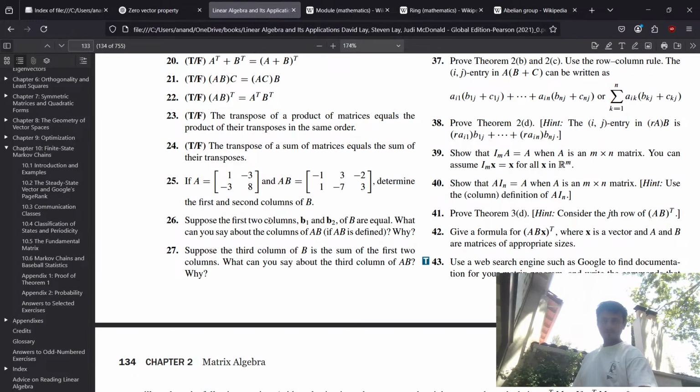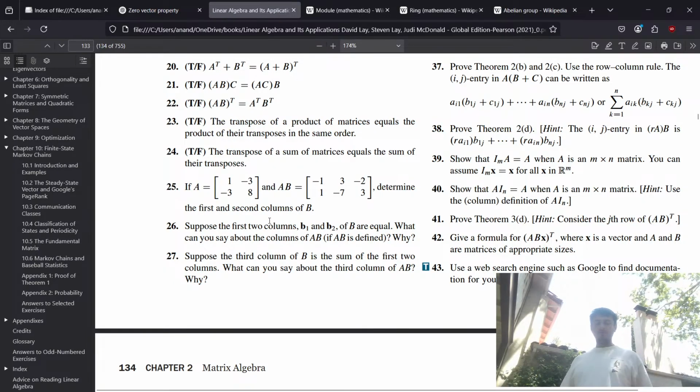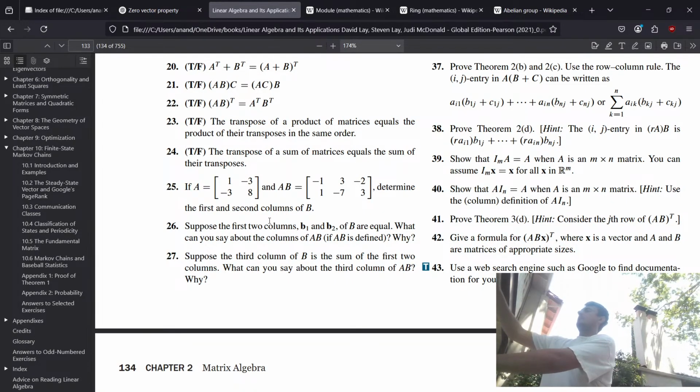Okay, all right, so we're going to prove 2b and 2c.